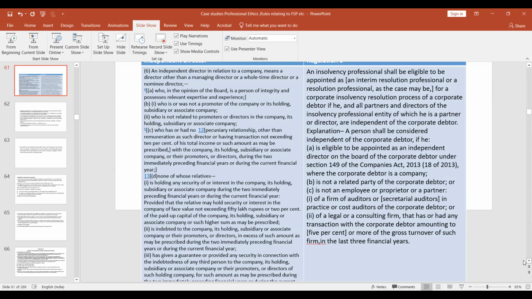No, they are saying it is not an employee or proprietor or partner of a firm of auditors. Actually, suppose Mr. X is proposed to be appointed as IRP, ठीक है? Now he was an employee of an audit firm, which was the auditor during the last 3 financial years, so he cannot be appointed. If he was a partner, he cannot be appointed. In all the 3 cases, he will be disqualified.